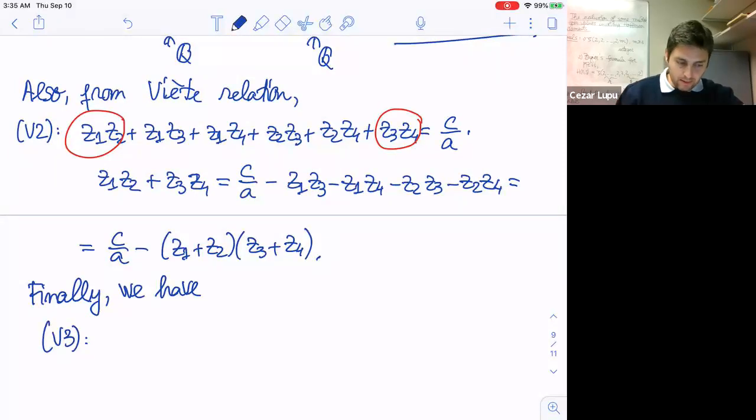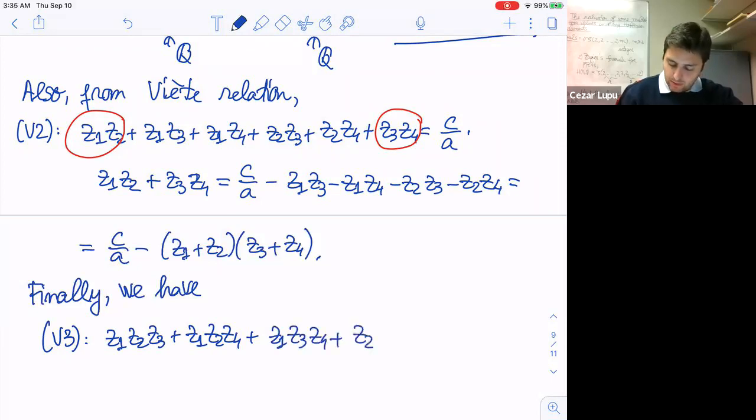This is nothing other than z1z2z3 plus z1z2z4 plus z1z3z4 plus z2z3z4. And this will be negative d over a. Beautiful. And now let's do a trick here as well, as we have done in the previous Viet relation V2.